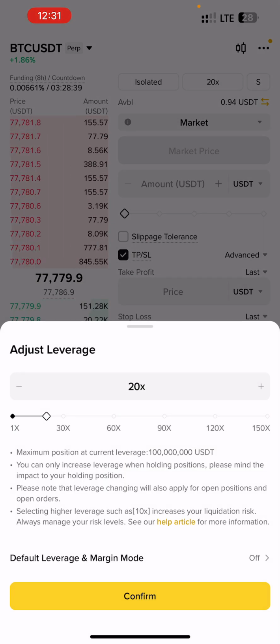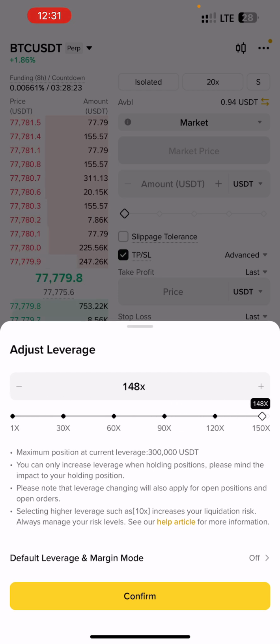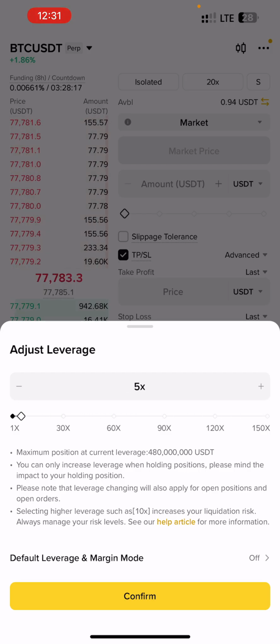Okay, so that's it. This one is what we call leverage. This leverage doesn't work the same way as the one in our brokerage firms, where we have one is to this, one is to that. This one is just like this. If I want to increase my leverage, I will just do it like this. The maximum leverage here is 1 is to 150x. So the more you are leveraged, the faster you lose and you win.